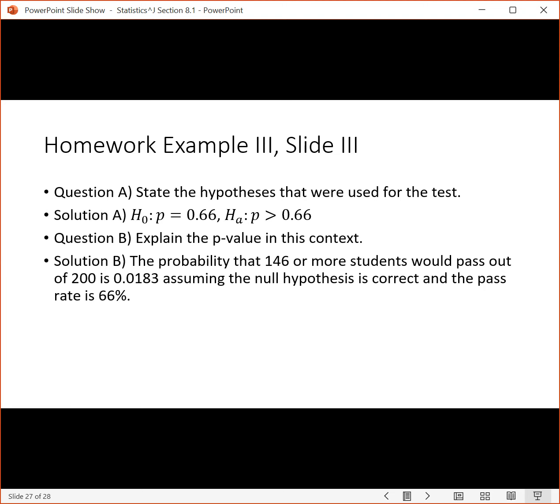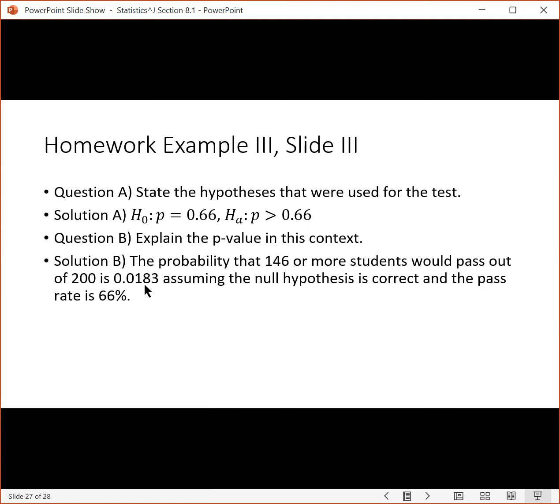Explain the p-value in context. So what is the p-value? It's the probability that you'd get 146 or more students who would pass out of 200. So what it's saying is that there's a 1.83% chance that you'd get 146 out of 200 students passing, assuming that the success rate is 66%.